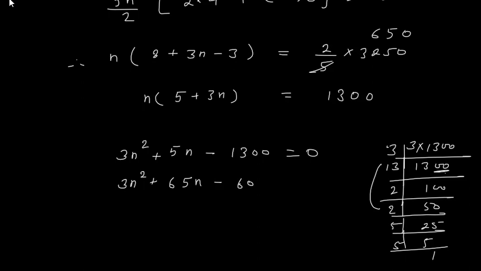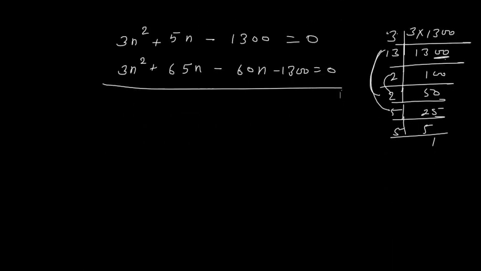Minus 60n. Okay, let us see. 13 5s are 65, and then 3 6s are 12, 12 5s are 60. Okay, minus 1300. Okay, this factorization method sometimes becomes very complicated.